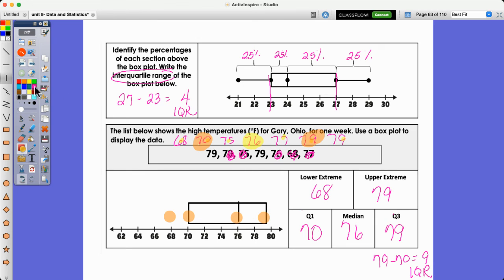Then I need to draw in my whisker, so I draw to this line. But look here, my Q3 and my upper whisker are the same point, so I don't have an upper whisker. But this is what your box plot looks like. This is your data. You could give me your range from this, which would be 79 minus 68. You could give me your IQR and your median.